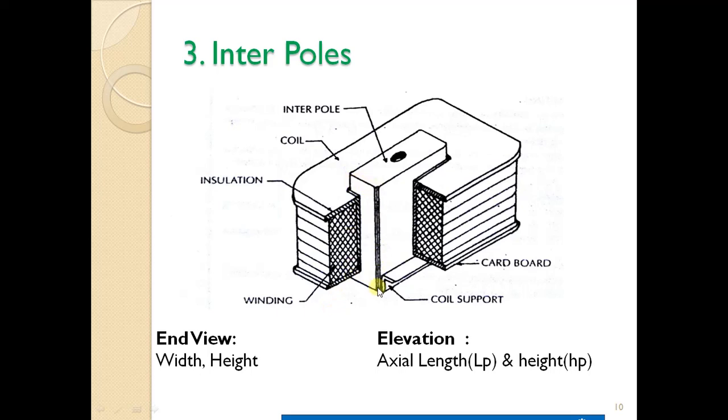So for that you require width and then height. For elevation you should have the axial length and then the height of the interpole. In most cases the height of the main pole and the height of the interpole are almost equal. There will be a slight difference between them.